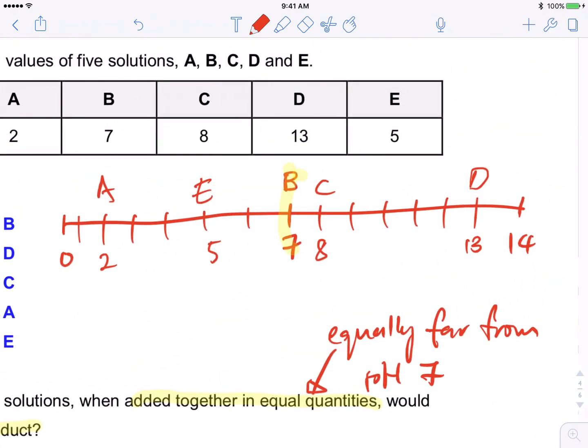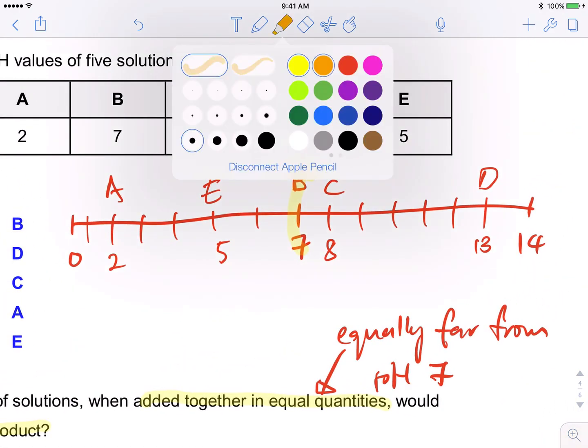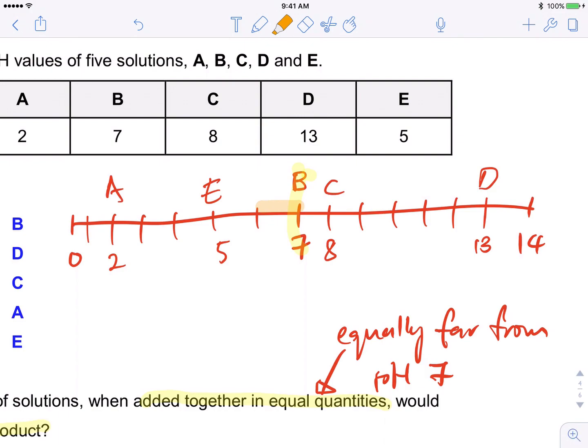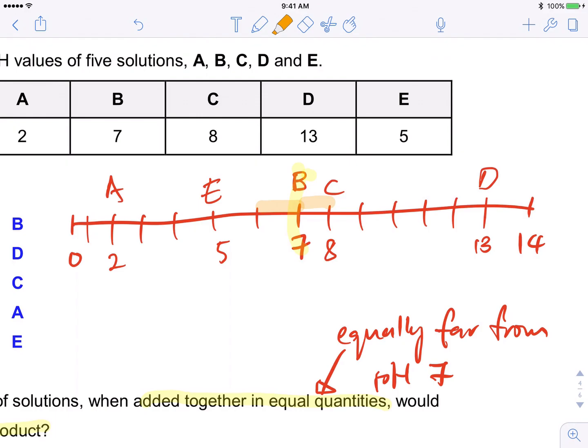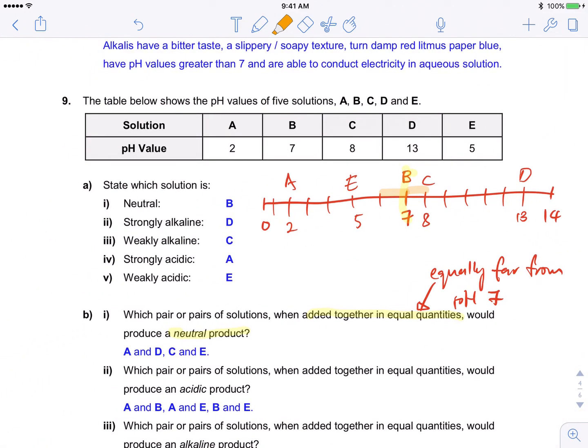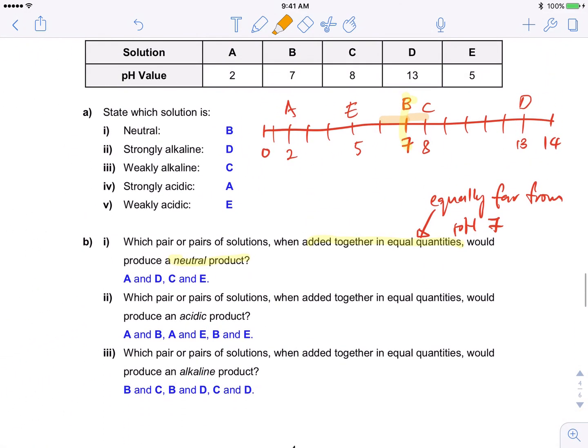Okay, so for instance, if I have something from pH 6 and something in pH 8, I'll add them together in equal quantities. It should give me back pH 7. But if you look at all the options here, I think none of them satisfy this criteria. Okay, so actually, I'm also not sure of the answer.